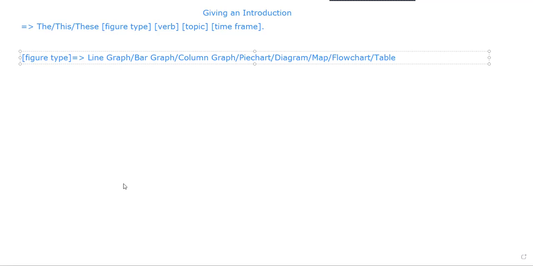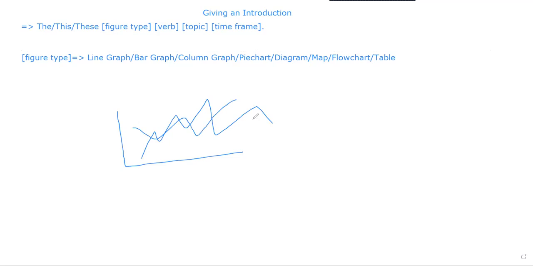For example, if you are provided with something like this, what is the name of this figure? Can anyone tell me? Hello, can you guys hear me? Yes, sir. Rafat, I cannot hear you well. There may be some connectivity issues on your end. Alex, can you hear Rafat clearly?